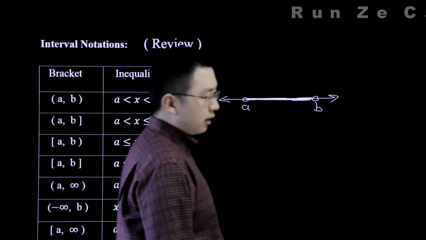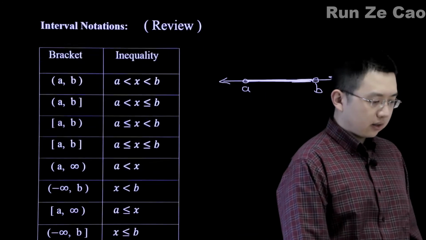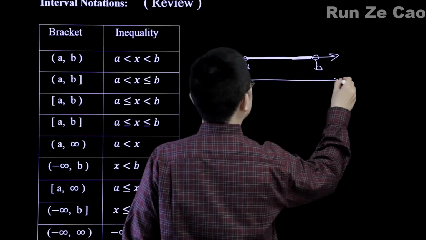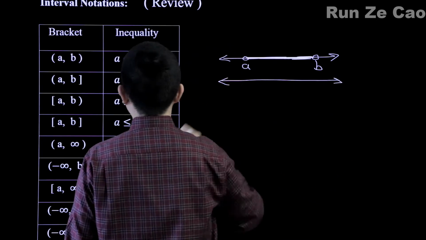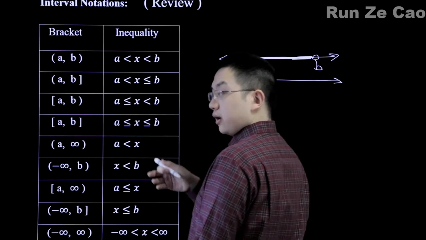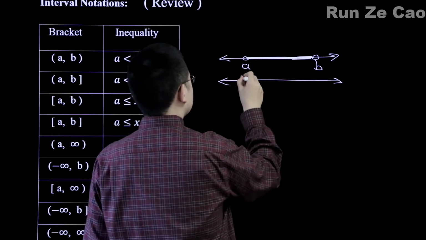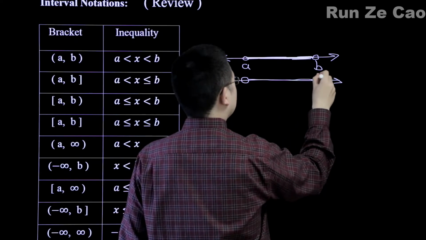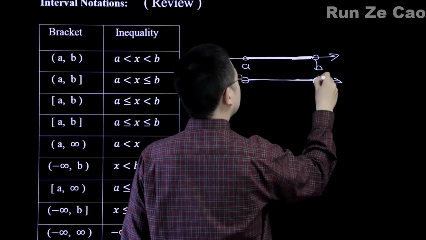Now, what happens if we have one end as a square bracket? Well, a square bracket is less than or equal to or greater than or equal to. So, a blank circle and a filled-in circle.